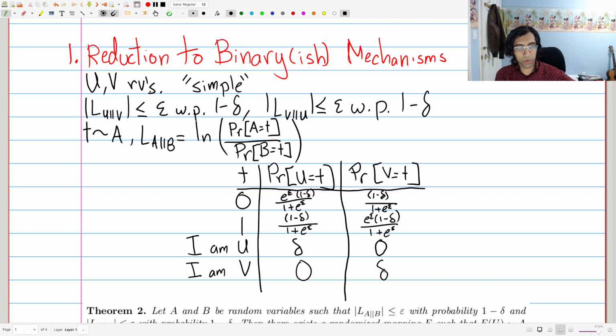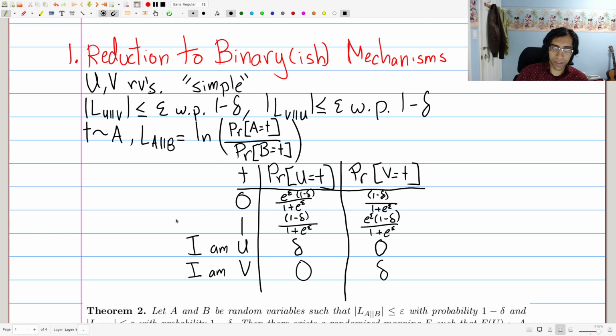Okay, so take a look at this. Hopefully you can convince yourself just by eyeballing it, maybe you need to write it down as well, that this satisfies both these constraints, and it's kind of tight in the sense that it is going to be unbounded with exactly probability delta, and it'll take value epsilon in every other case.